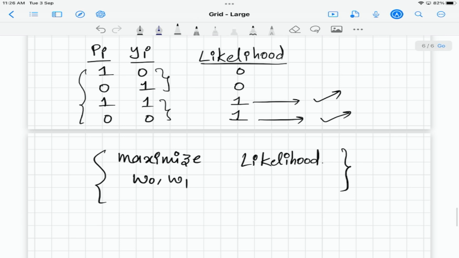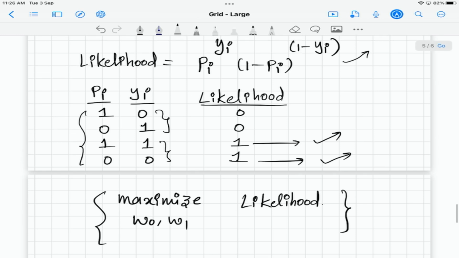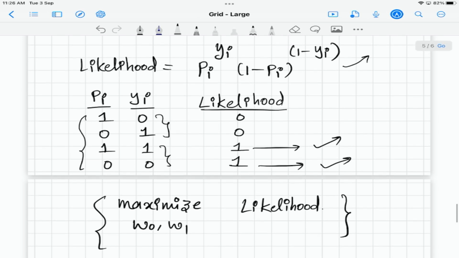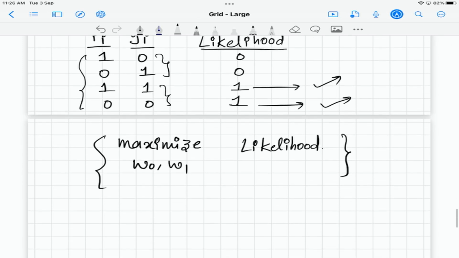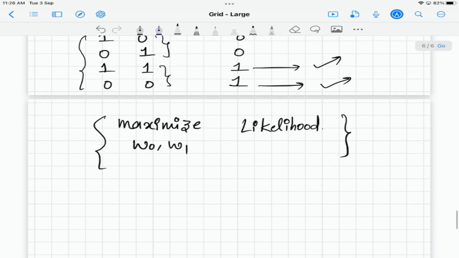Is this fine? This one you go and find out. You don't have to get stuck there. I have just defined the likelihood for a single sample, and I'm saying that I will learn my logistic regression model by maximizing the likelihood.